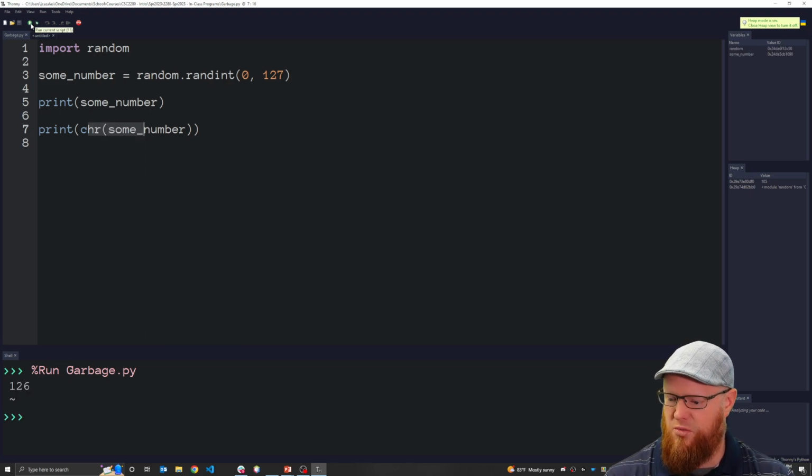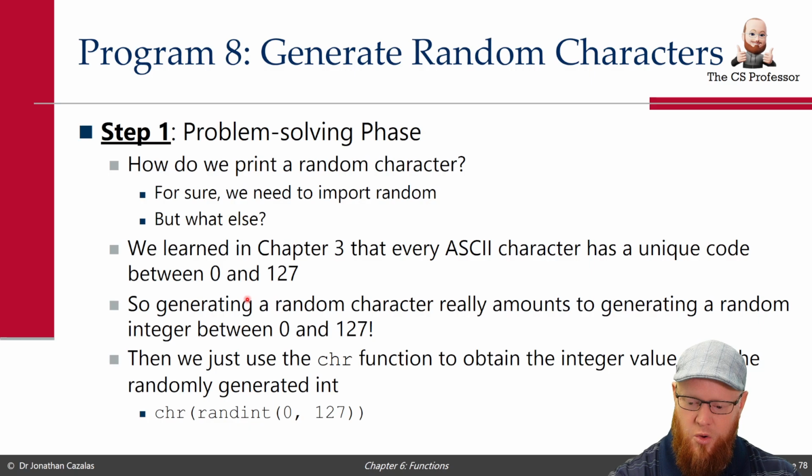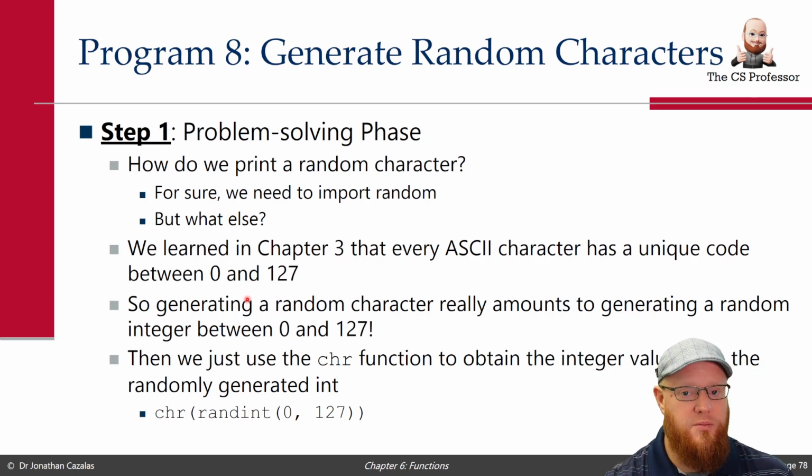I'm going to run a few more. 126 is a tilde. 33 is the exclamation point. 94 apparently is the shift 6. 84 is a capital T, and so on. So now we have generated a random number from 0 to 127, which is that ASCII table, and we are then using the chr function to convert that value to its appropriate character value from the ASCII table.